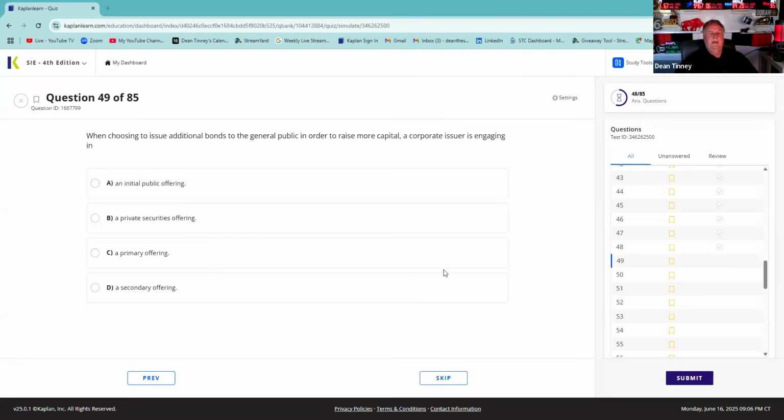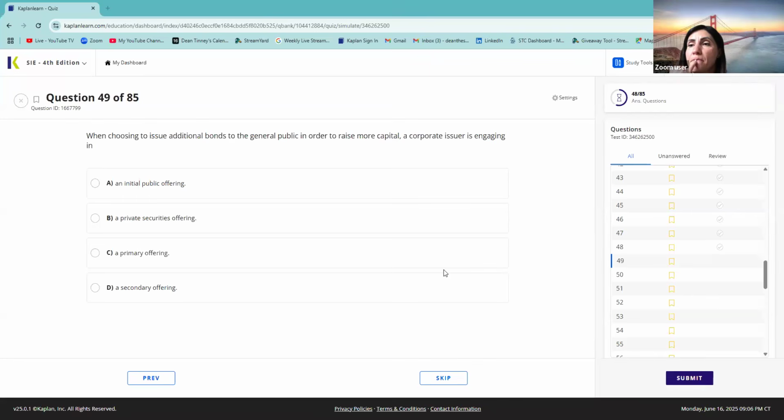Well, it's not an IPO because it says additional bonds. Yeah, if it said when choosing to issue bonds for the first time, then it would be an IPO, but it's not. It's a follow-on offering. We're coming back to get some more money.